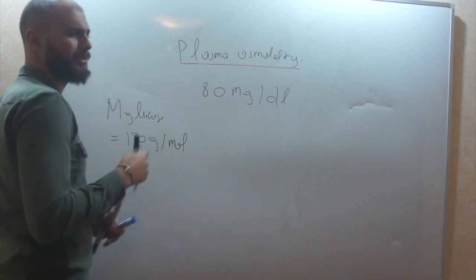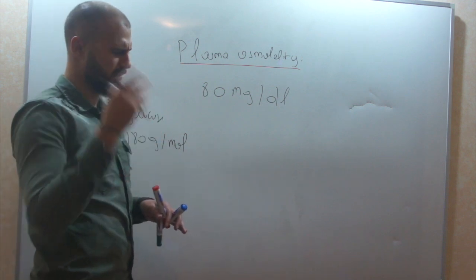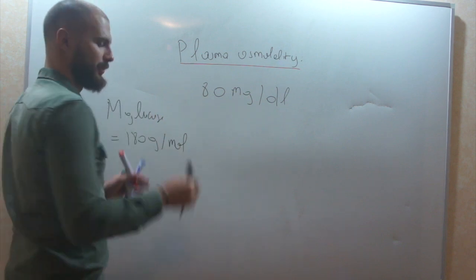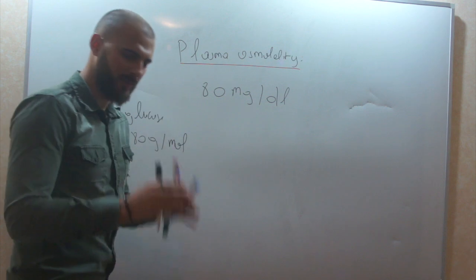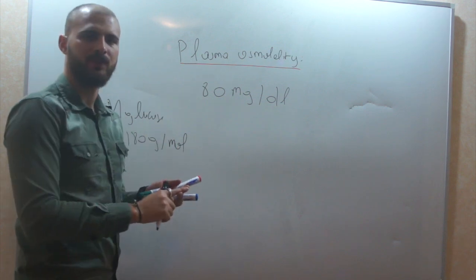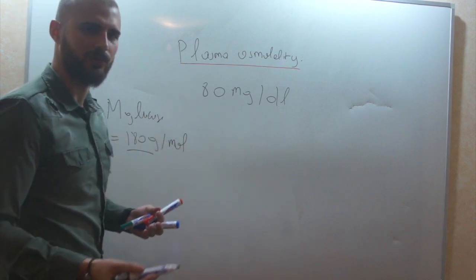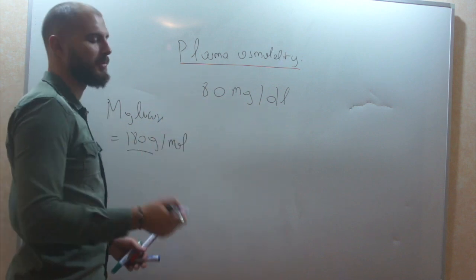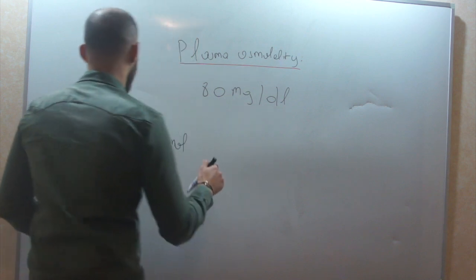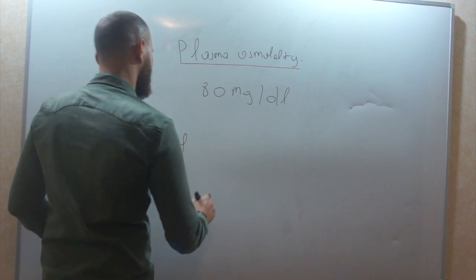The formula, I don't remember it, to be honest. But if you add up the molar mass of the carbons, the hydrogens and the oxygens in the glucose, you will end up with this molar mass. That's how I did that. Or you can just look it up on Google. Anyway, it's 180 gram per mole.